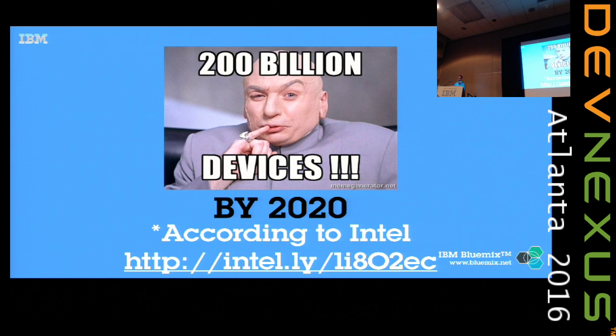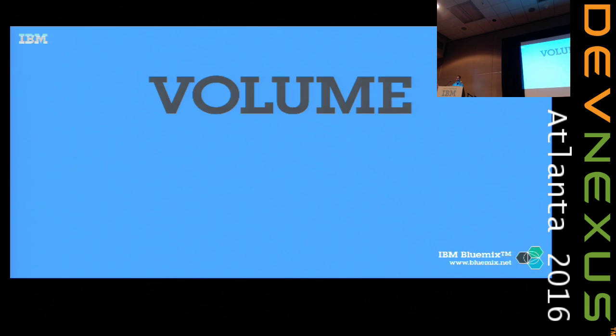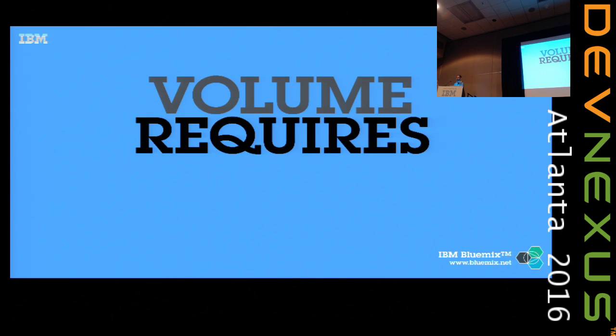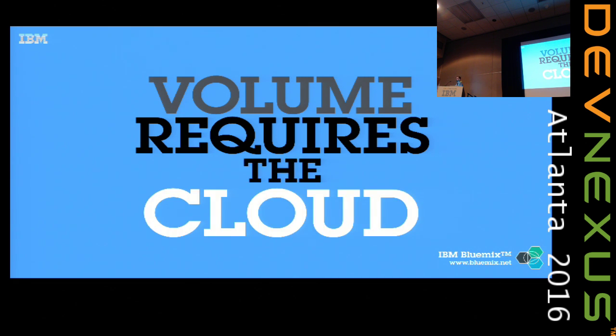And according to Intel, there's going to be about 200 billion devices connected to the internet by 2020, right? So that's just a massive number of devices, right? And if you start to think about the volume that starts to grow, not even just physical devices, but the volume of data that is coming from these devices, very few companies have the compute resources to scale that large.